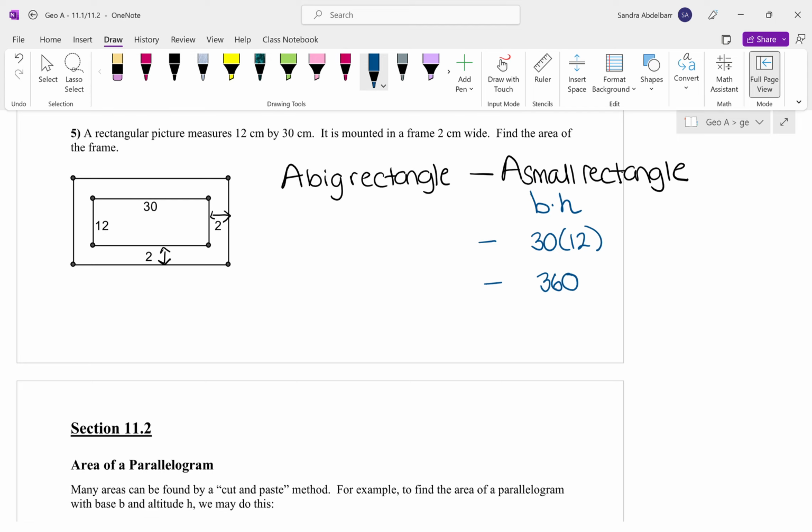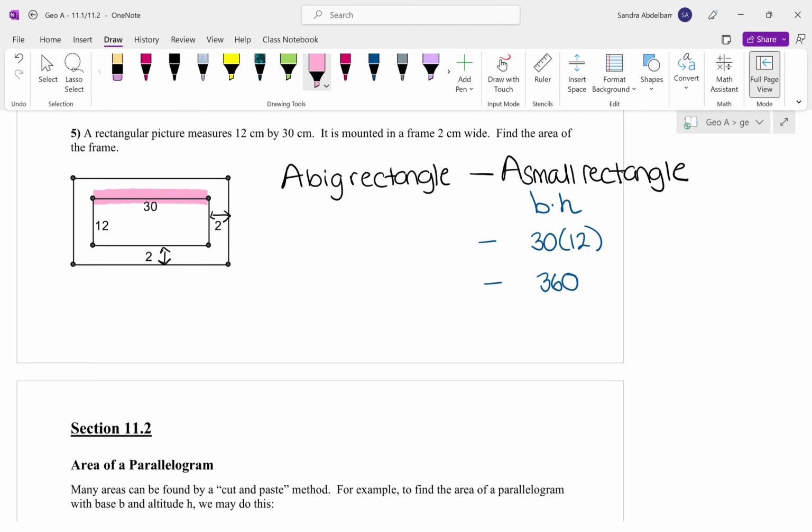Now, the bigger rectangle takes a little bit more thought because they don't have dimensions. But look. Do we all agree that's the base of the small rectangle? And to get from the small to the bigger one, aren't I adding 2 centimeters to the right?